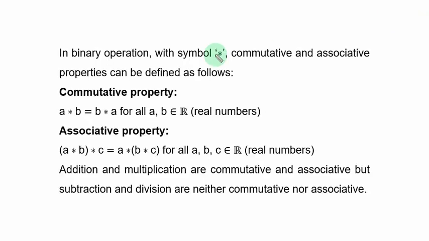In a binary operation, that is an operation involving two terms, with symbol asterisk, commutative and associative properties can be defined as follows.